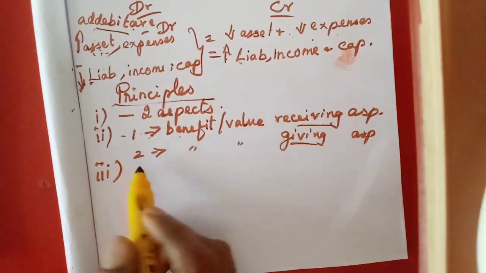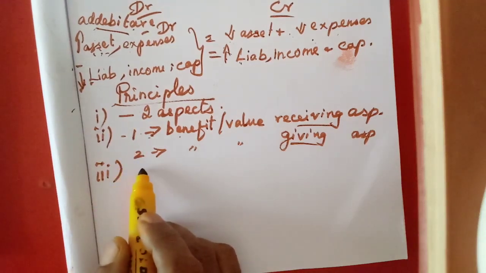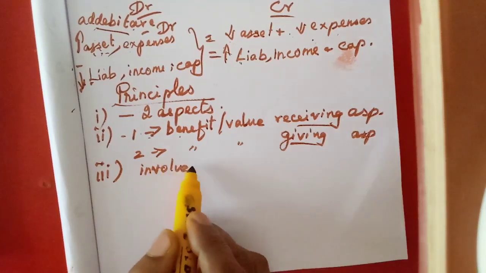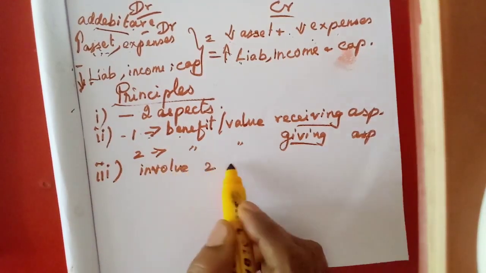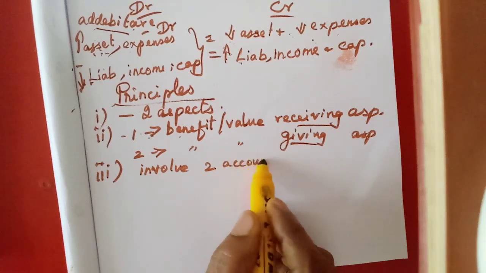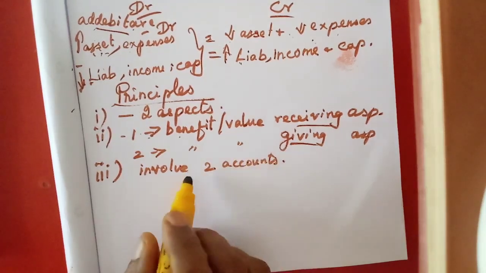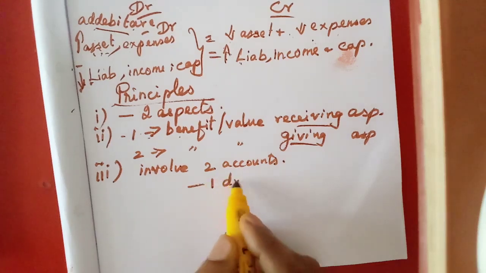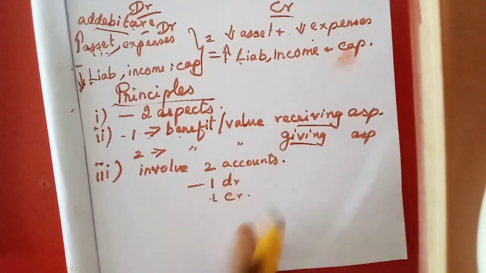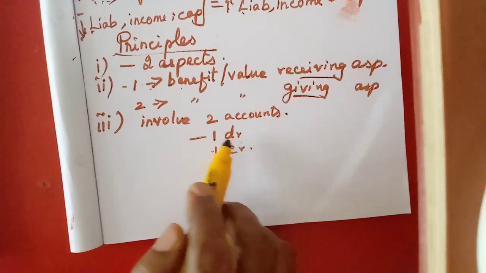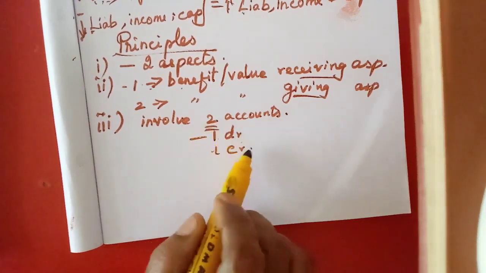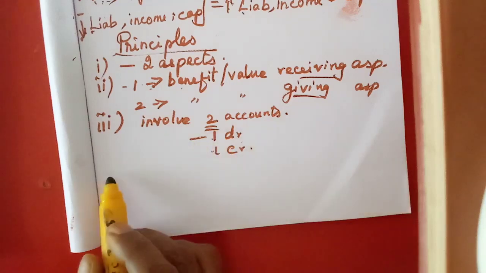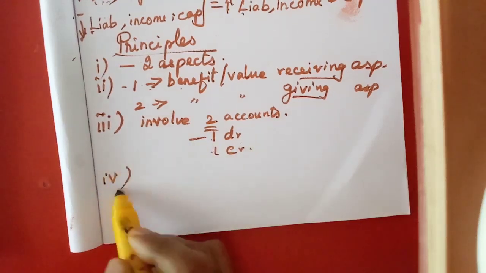Here you can say it involves two accounts. Each transaction involves two accounts. Two aspects means two accounts. At least one debit and one credit must be there, minimum two accounts. It may involve more than two accounts.